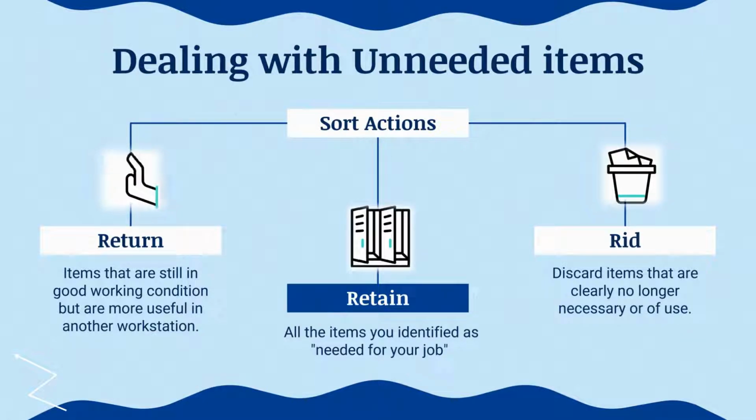For all the items you identified as needed for your job, retain or keep them in your work area. These are the items that are of value in your workspace. The retaining of needed items is the second step of 5S, which will be explained further in the Set in Order course. This action will involve arranging the needed items in the best locations for efficiency.